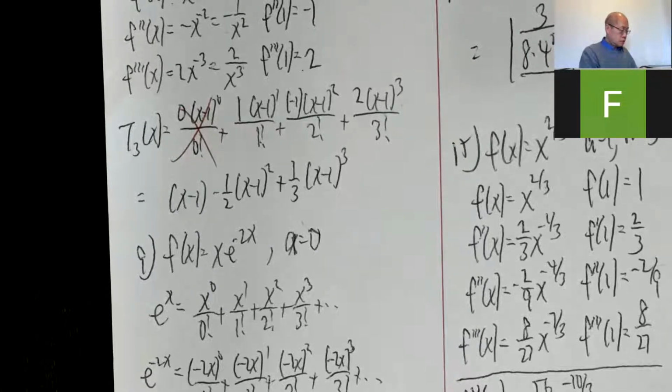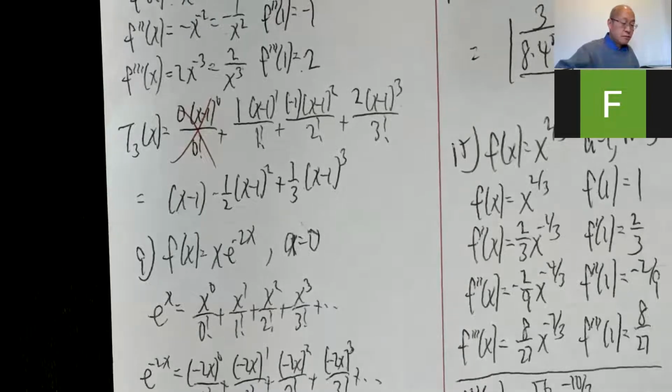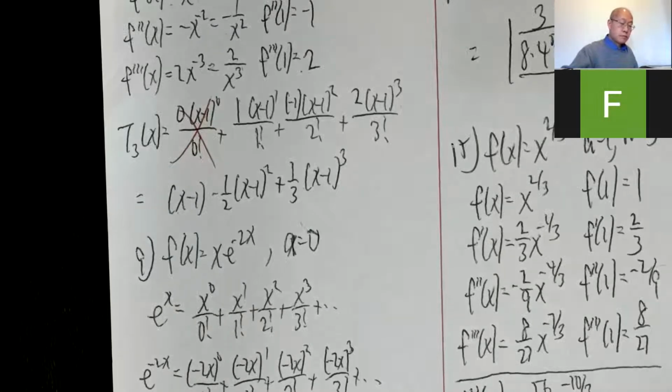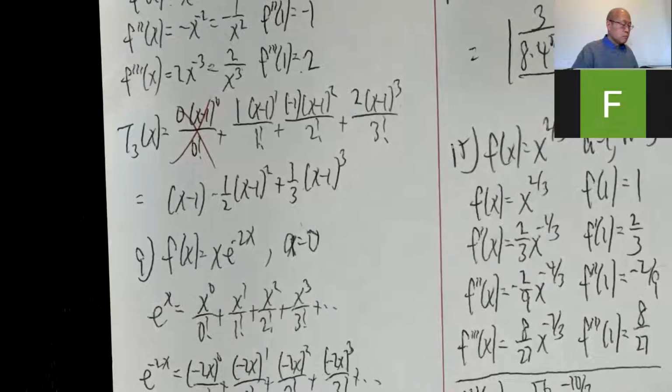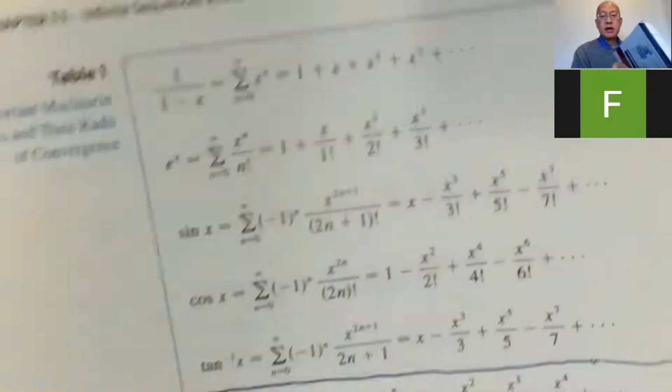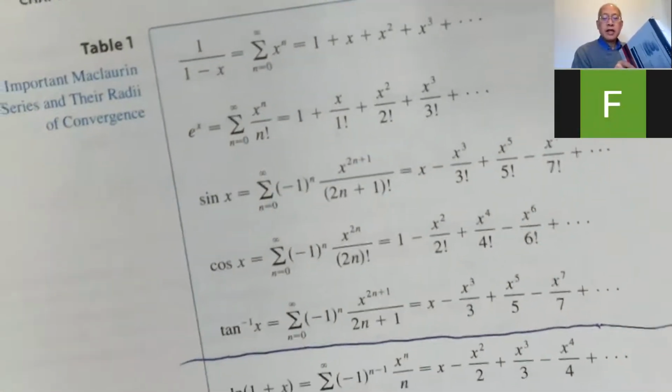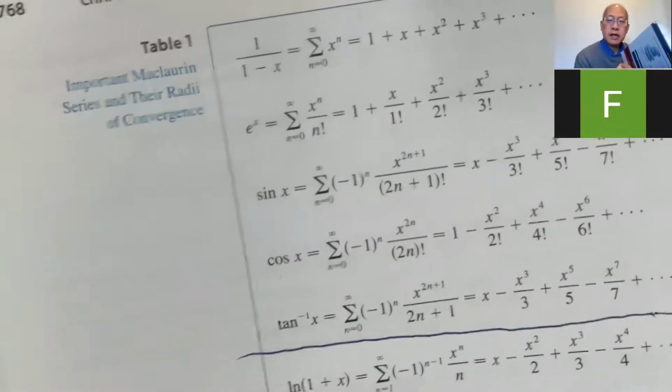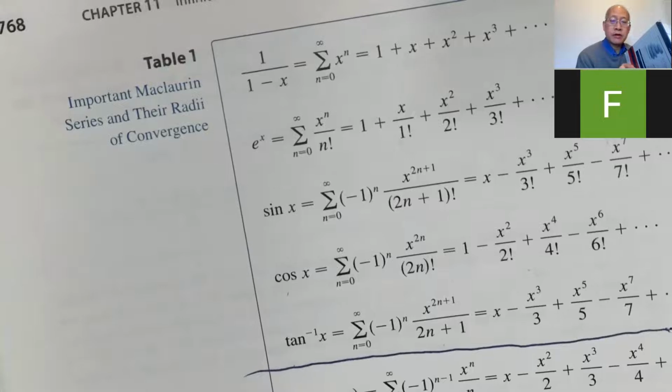Keep going back to it. Page 768. So e to the x, notice e to the x is not alternating, just x to the n over n factorial.